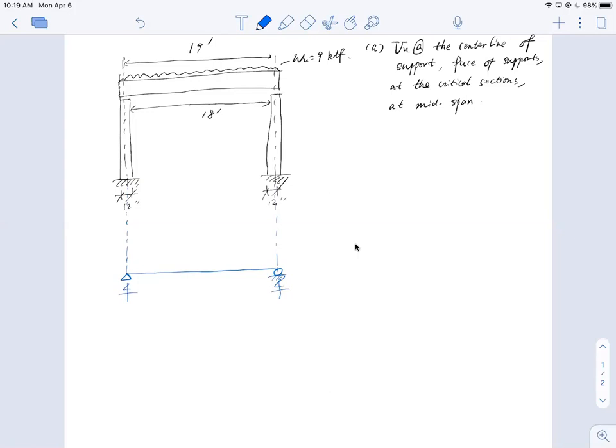The shear diagram is going to look like this, a triangle, with 0 in the middle, so I'm going to draw the straight line here.